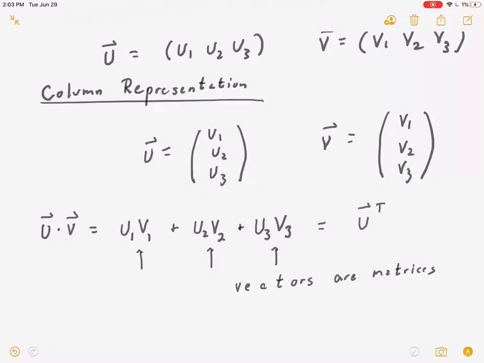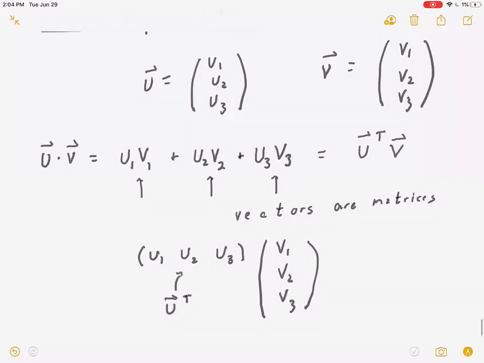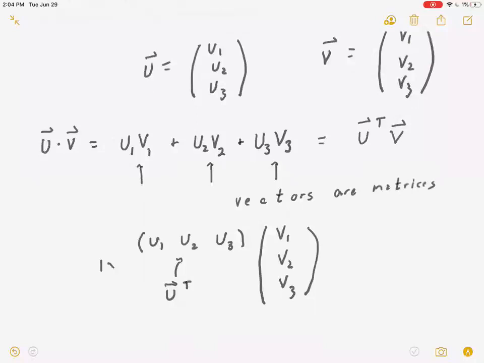It's just the transpose of the vector U, which is a 3x1 matrix, times the vector V, which is a 3x1 matrix. And if in fact you use the rules of matrix multiplication to do this, again, assuming that your vectors are written in column representation, this is the transpose of U. It is a 1x3 matrix.